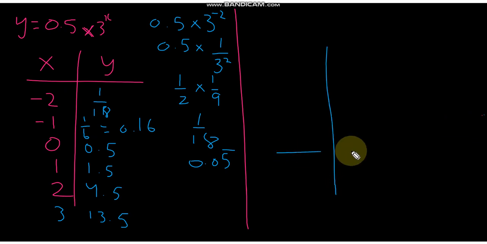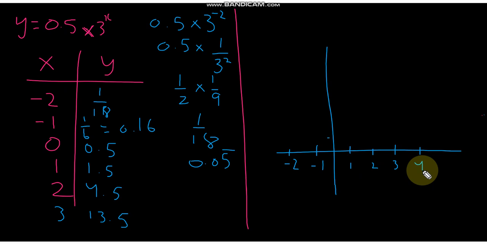Negative 1, negative 2, 1, 2, 3, 4, let's say, and similarly down here, negative 1, negative 2, negative 3.